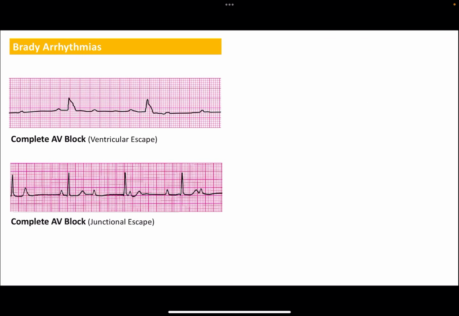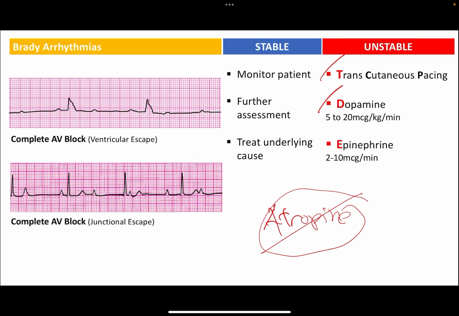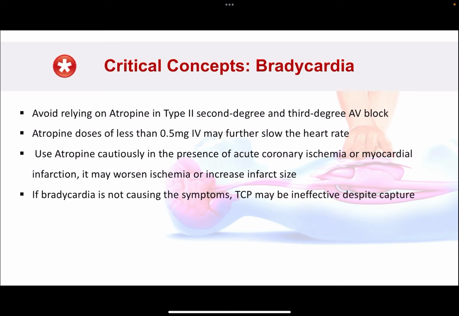If your patient has a complete heart block, you skip your atropine. You proceed with your TCP, dopamine infusion, or epinephrine infusion. So avoid relying on atropine in type 2 second degree and third degree AV block. Most likely it's not going to work.